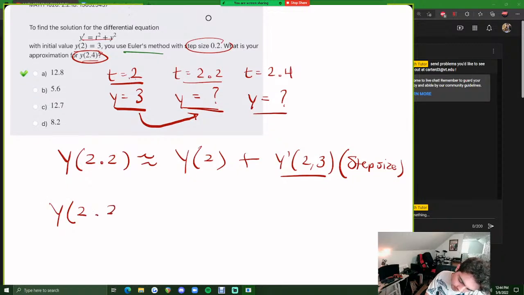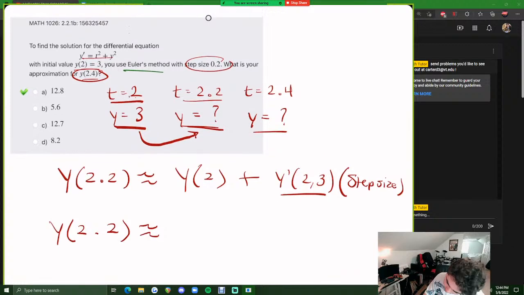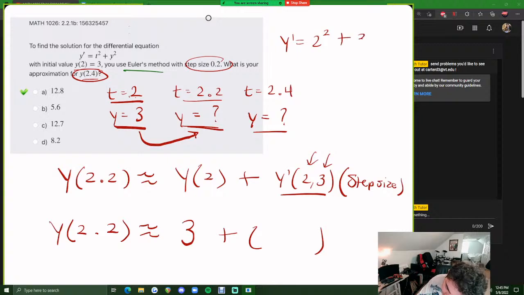So let's actually plug all these values in. To approximate y at 2.2, we have y at 2, which is the y value when t equals 2, and that is 3, plus y prime, when we plug in 2 for t and 3 for y. So 2 squared plus 3 squared is 4 plus 9, which is 13.